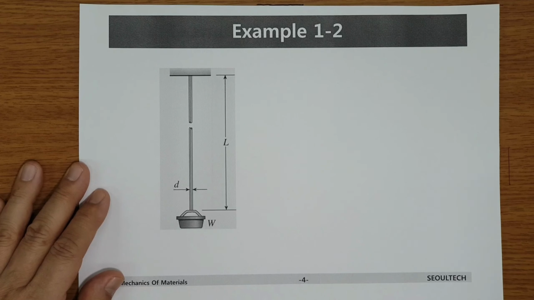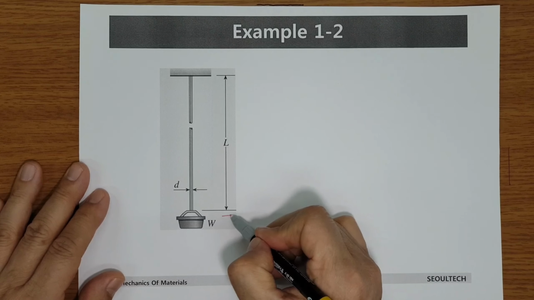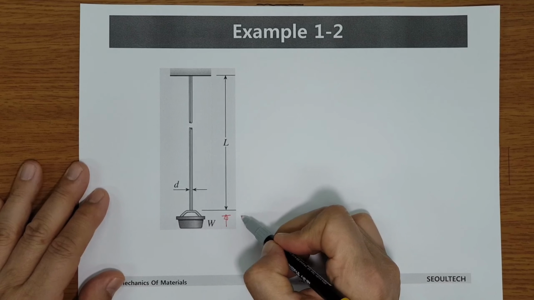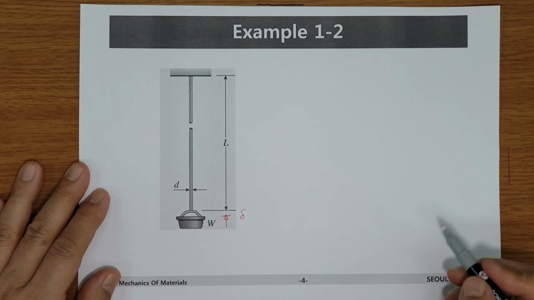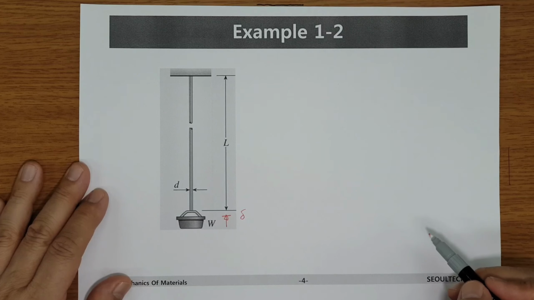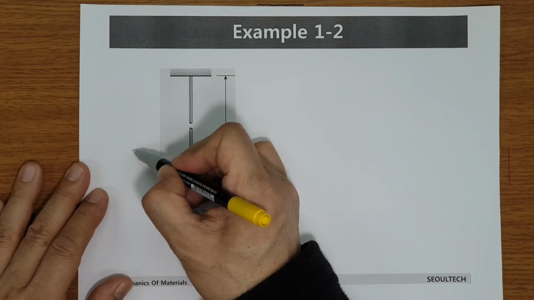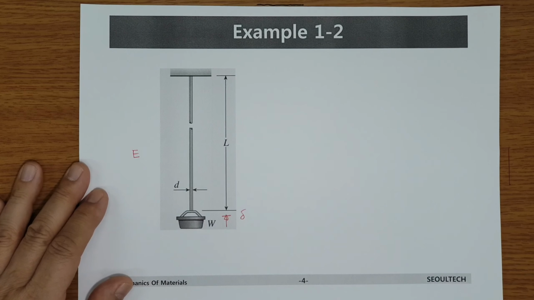We would like to calculate this elongation delta, and the modulus of elasticity, or Young's modulus, is given like this.